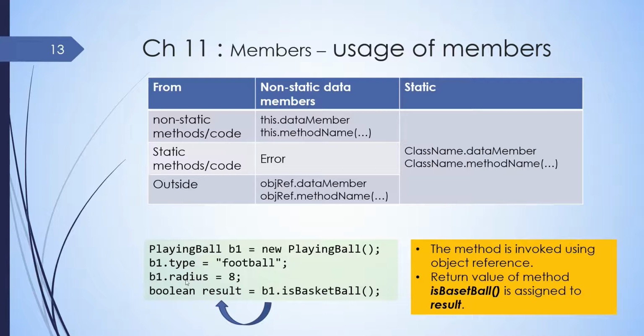Similarly, we are accessing radius and assigning the value 8 to it. In the last line, we have result as boolean, and we are calling the method is basketball using the object reference b1, and the result of this is a boolean that we are assigning to the result variable.